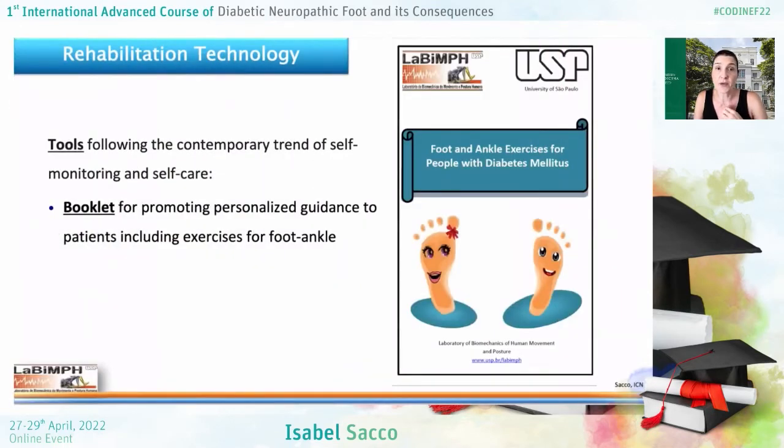We are now concentrating our efforts on developing and validating tools to help health professionals improve the management and prevention of diabetes musculoskeletal deficits and neuropathy. We follow the contemporary trend of self-monitoring and self-care and developed a booklet.